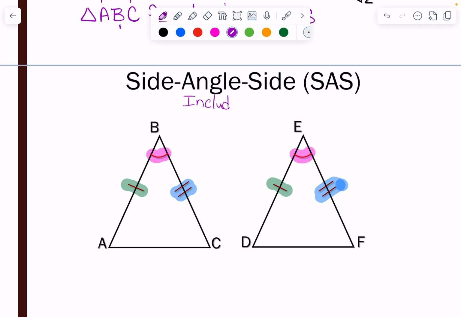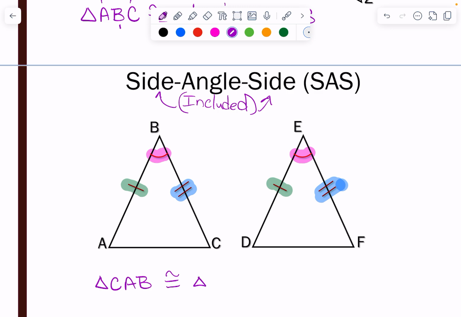Okay? So it is the included angle between the two corresponding sides that are congruent. If we know that, then we can say these two triangles are congruent by side, angle, side.